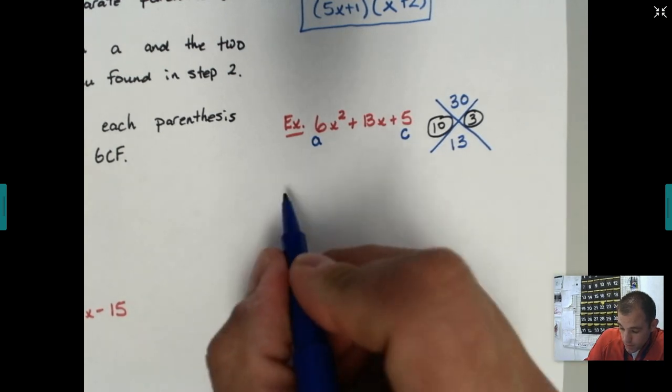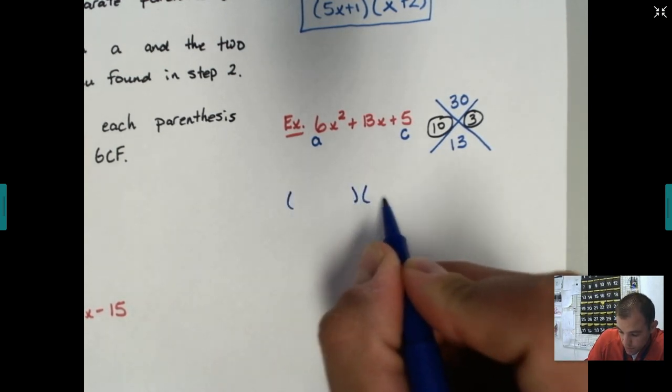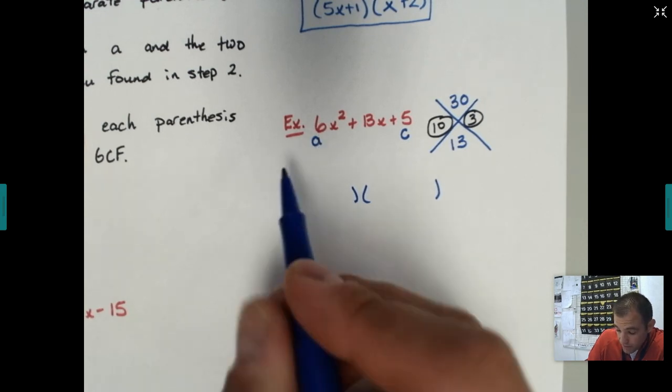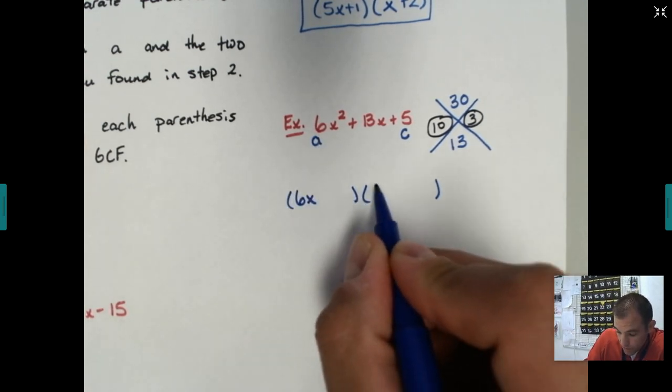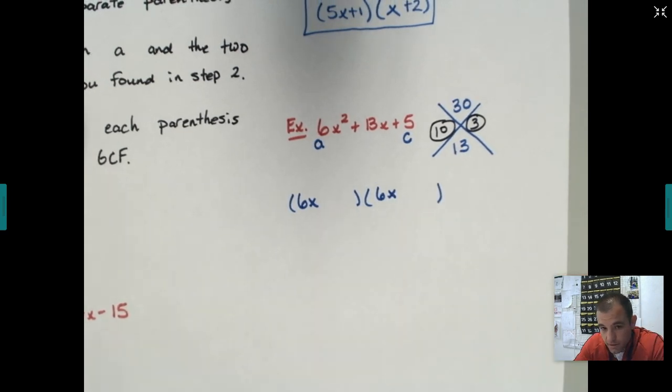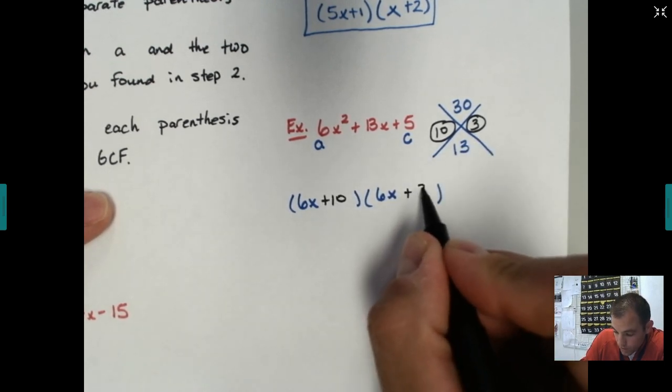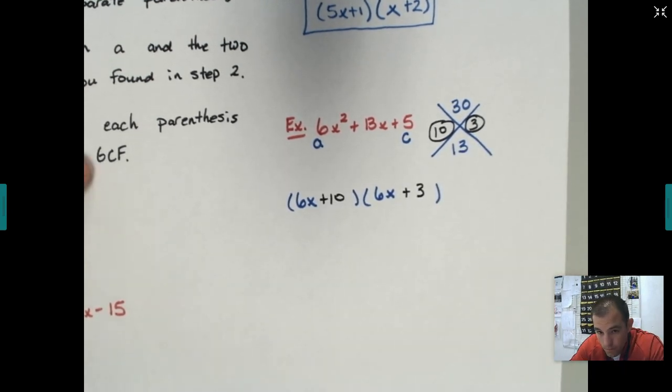That is step 2. Now I split this into 2 parentheses. And whatever comes first, in this case 6, that's what I'm going to put first. 6x and 6x. Then put the 2 numbers that you found, plus 10, plus 3. And now we're on the very last step.